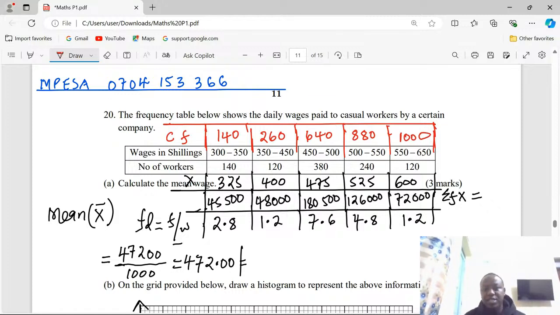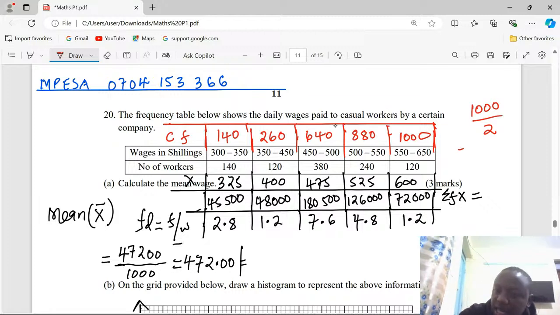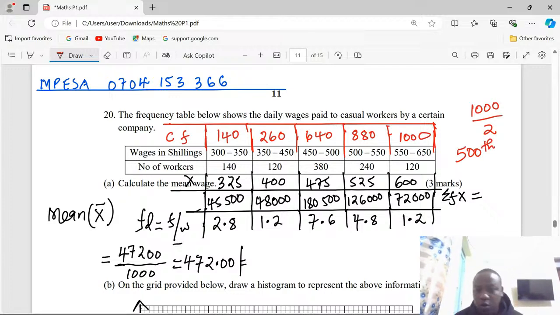Now with 1,000, we have to divide it by 2, because the median is the mid value. So we shall observe the class which contains the 500th value.